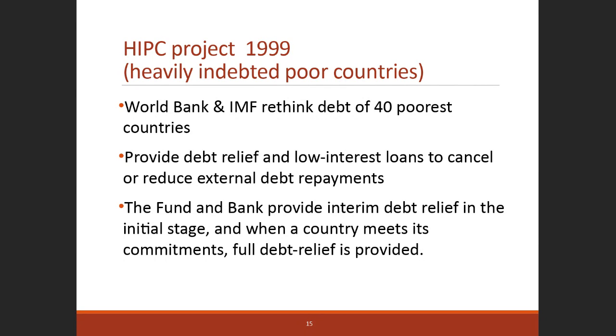So what the fund did was it basically said that a country, instead of paying back the loans to the World Bank, had to instead invest that money in infrastructure or education or health.